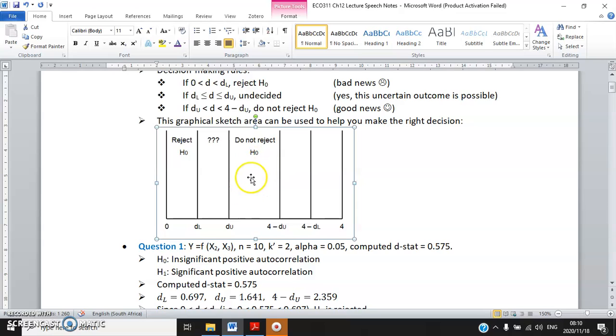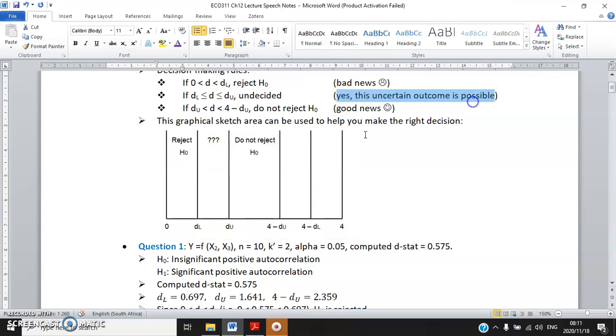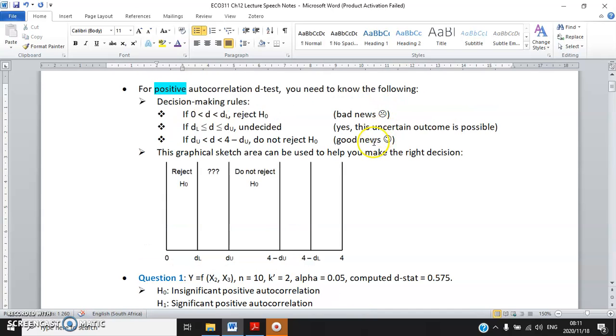It means you don't reject the null hypothesis. But then there's a special case called "I am not sure," uncertain, and it is allowed in the d-test. If your computed d-stat lies between DL and DU, then it falls under the uncertainty case. It means you don't know if the positive autocorrelation is significant or not.